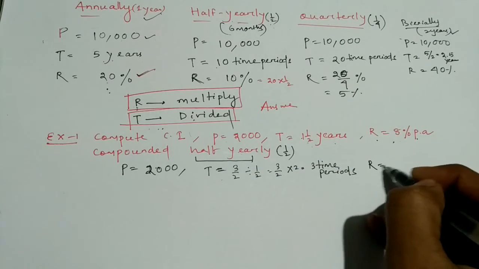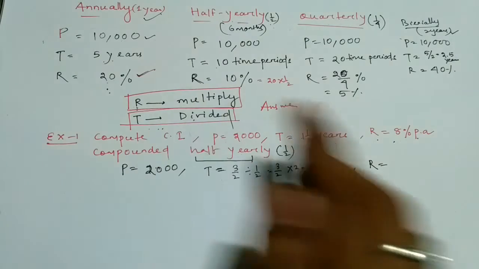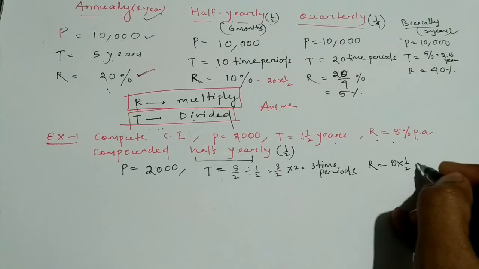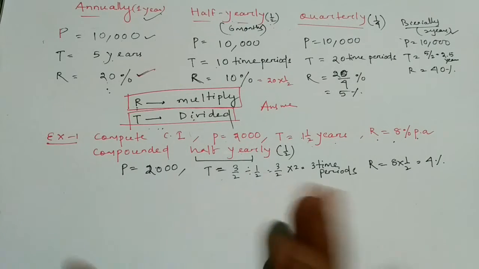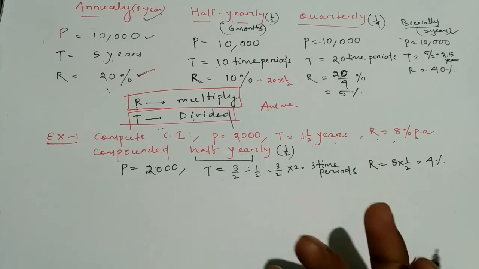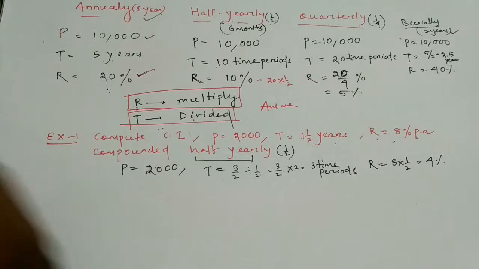And the rate of interest will be what? Rate of interest should be multiplied. So 8 multiplied with 1 by 2, that is 4% per annum. Bas, this is all we got, and finally we get our answer. How?